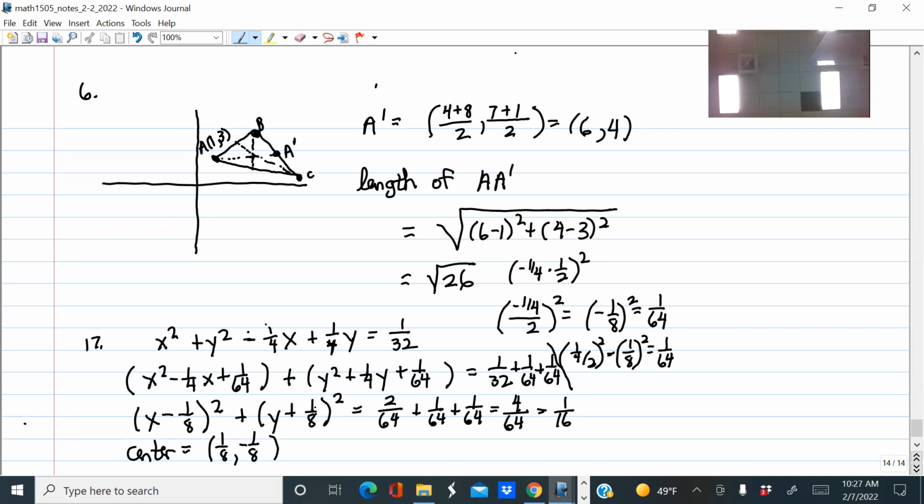But since it's y minus k and you have plus 1/8 here, I have to write the y-coordinate of the center as minus 1/8. And then what's the radius? Well, that's just the square root of the right-hand side. It's the square root of 1/16, but 1/16 is a perfect square. Its square root is 1/4. 1/4 times 1/4 is 1/16. So this is a little tiny radius of 1/4.